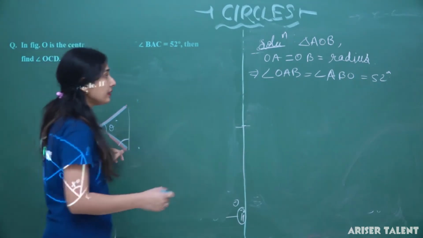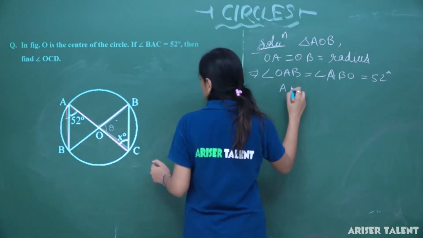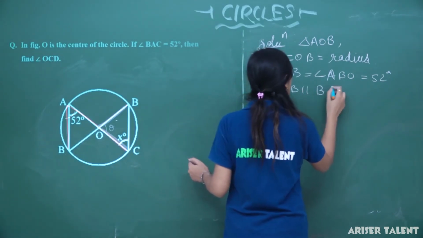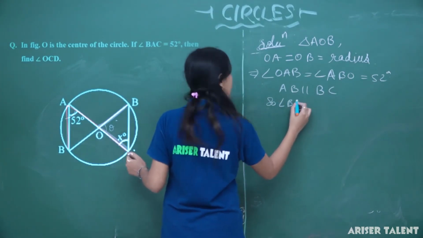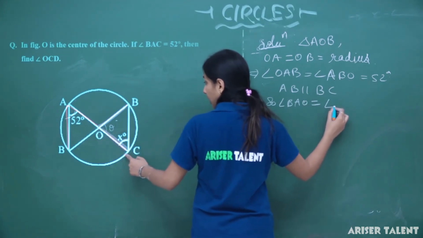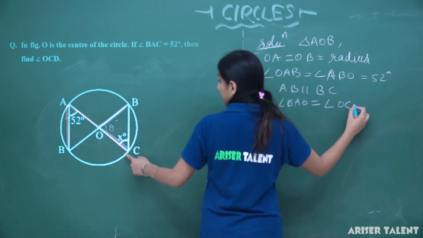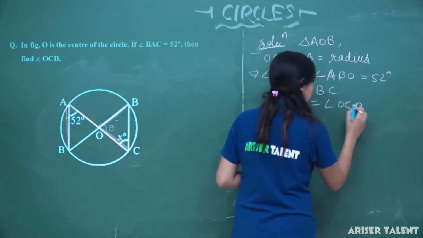Okay. So, can I write, AB is parallel to BC. So, angle BAO will be equal to angle OCB, right? Alternate angles.